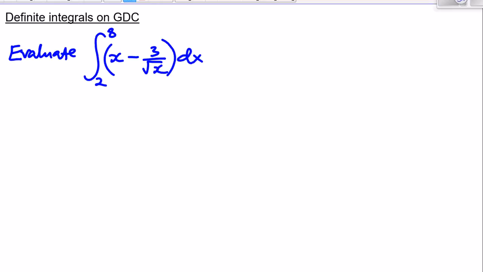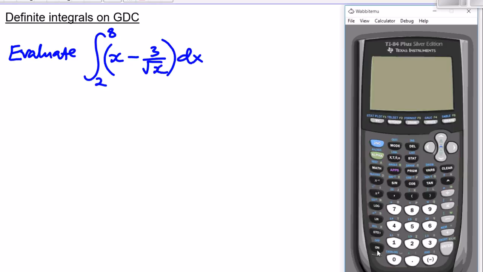We can also use our graphing calculator to work out values of definite integrals. So I'll show you how to go about this process. Okay, so suppose you're given a question like this. The first thing is to plug this expression in your calculator. So alpha window, go to number 4.